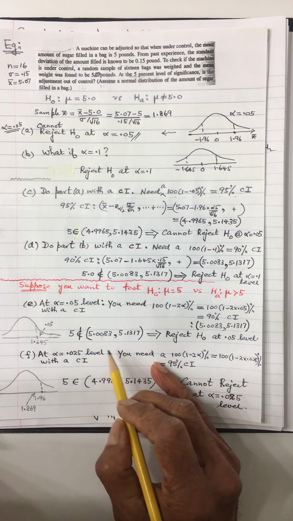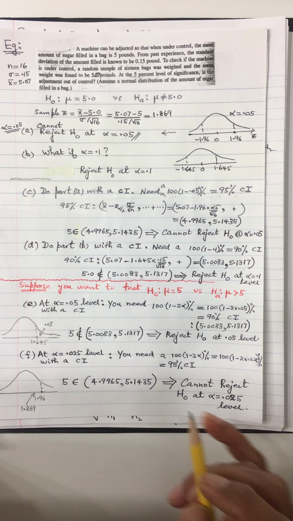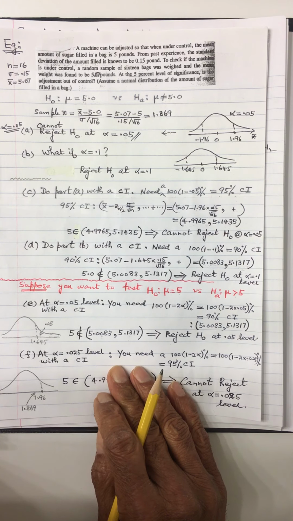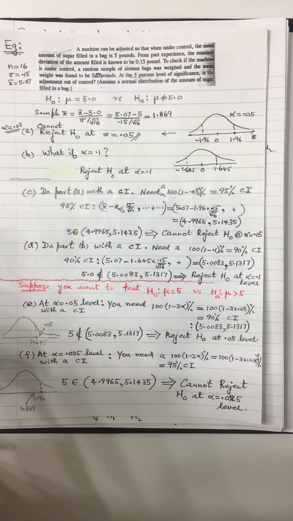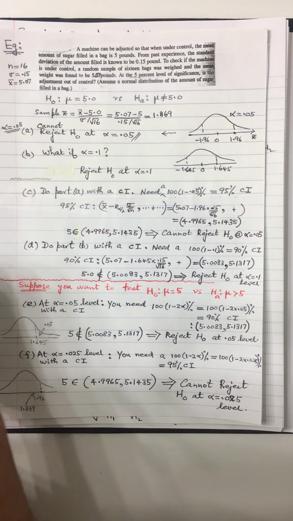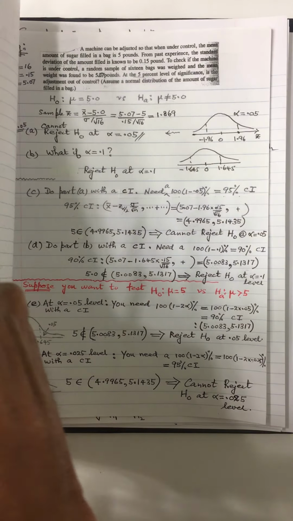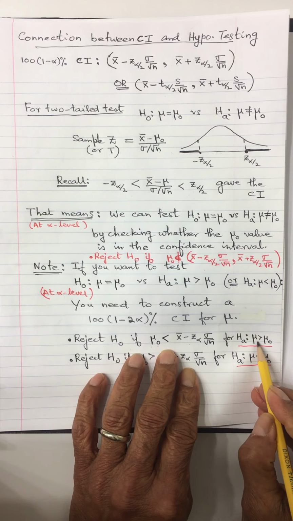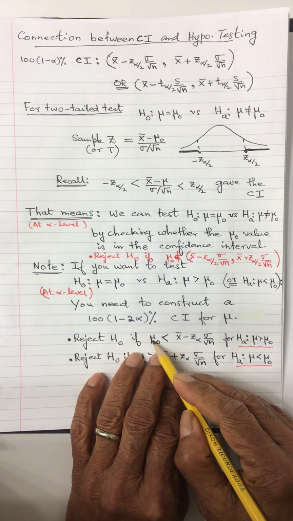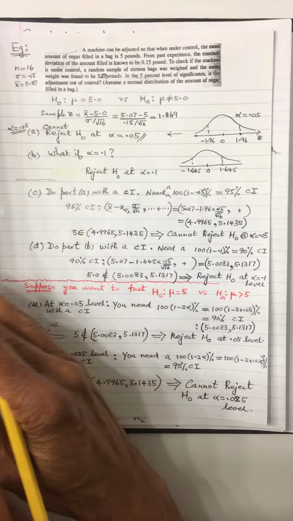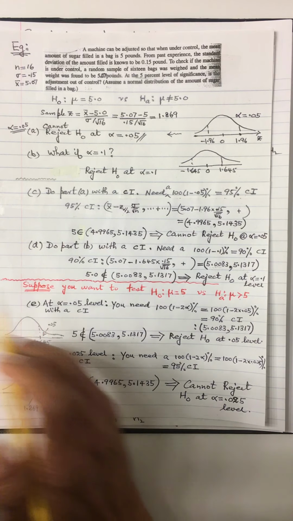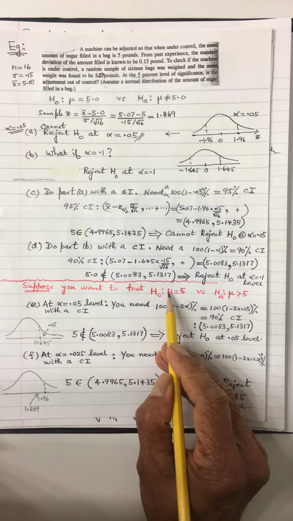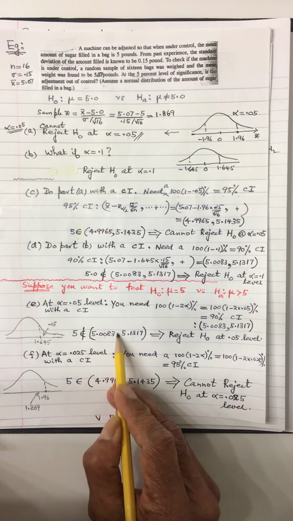So actually, what you are looking at is this. For the upper tail test, you need to look at whether the mu naught value is less than this value.